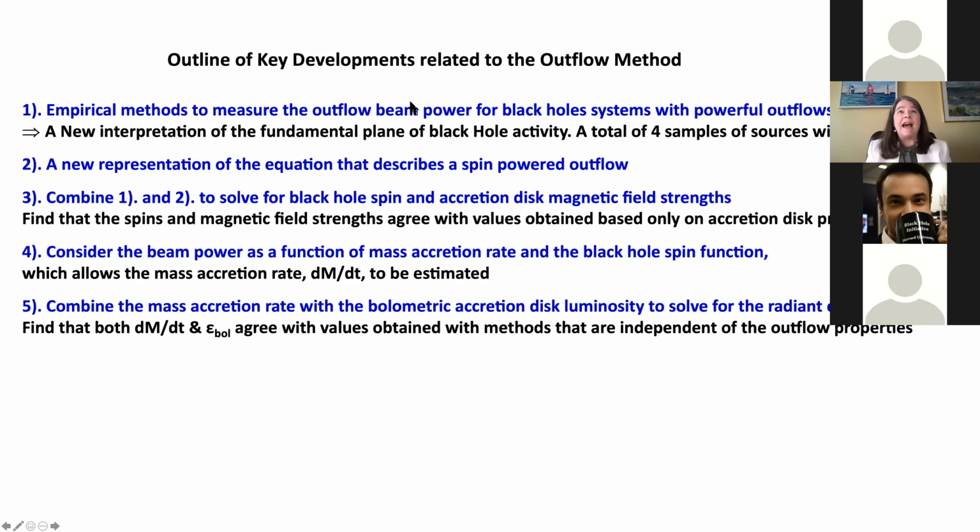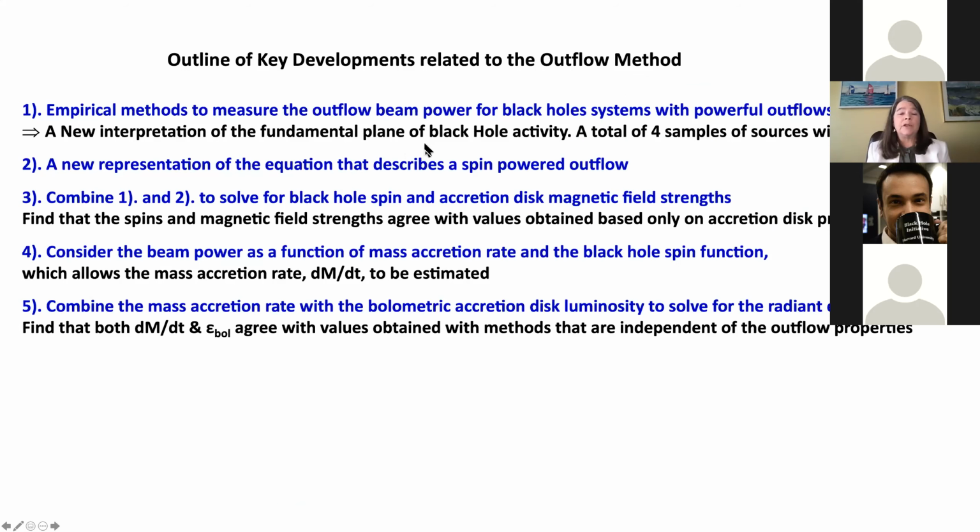So the outline of these key developments and their use for the outflow method is described here. The new method that I've developed to determine spin and accretion disk properties, I refer to as the outflow method because it's based on the properties of the highly collimated outflow. All right, so I'll mention the way that the outflow beam powers are determined.